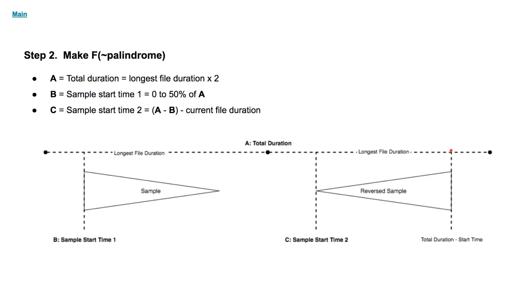We're going to subtract the duration of the sample itself, the current file duration. So in order to get the correct starting position of the palindromic side of the sample, I need to take the total duration A, minus the starting point of the first one, A minus B, and then subtract the duration of the current sample from there. Then we get up to this part.